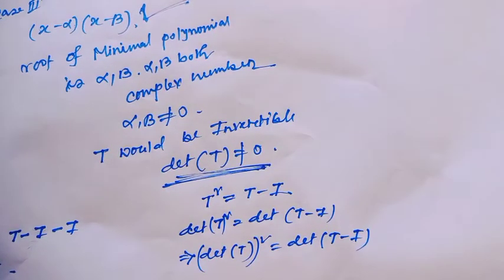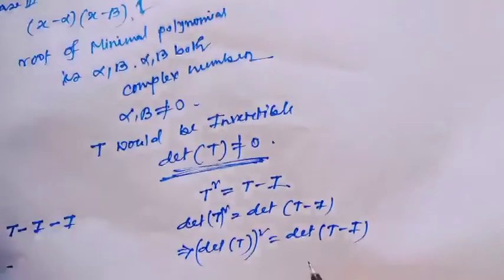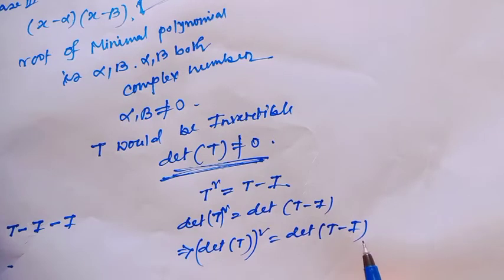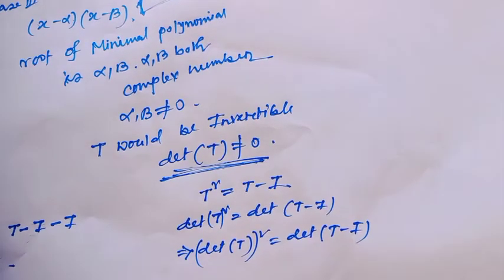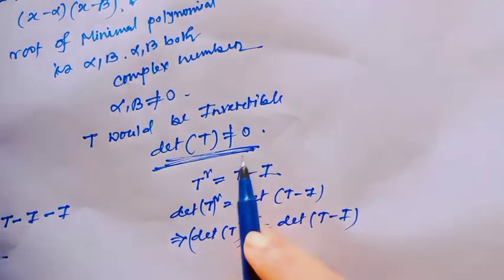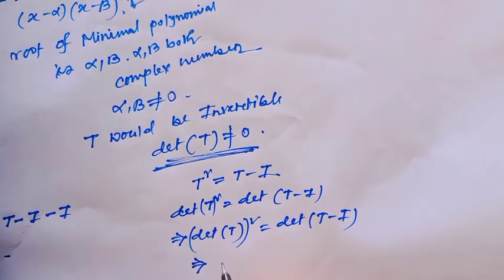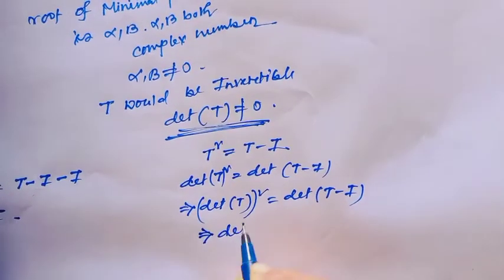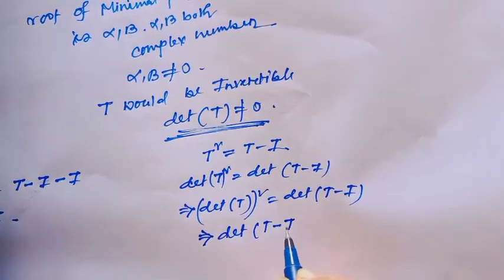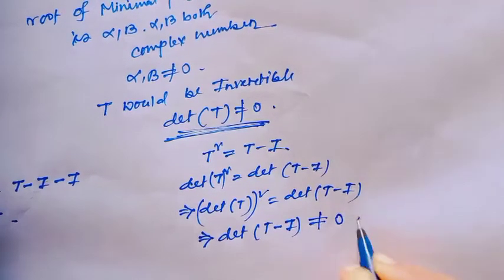Since the determinant of T minus I is equal to the determinant of T whole square, and the determinant of T is not equal to 0, obviously the determinant of T minus I is not equal to 0.